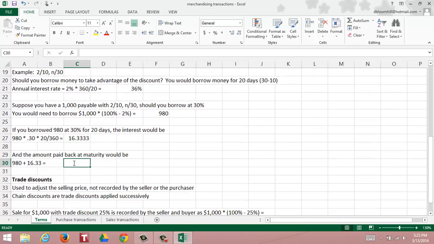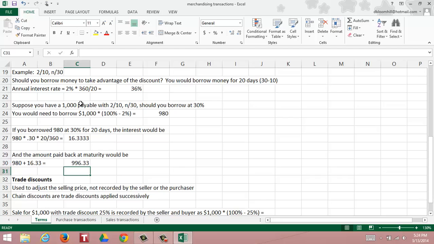So at maturity, you'd pay back the $980 that you borrowed and the $16.33 interest. So you'd wind up paying $996.33.